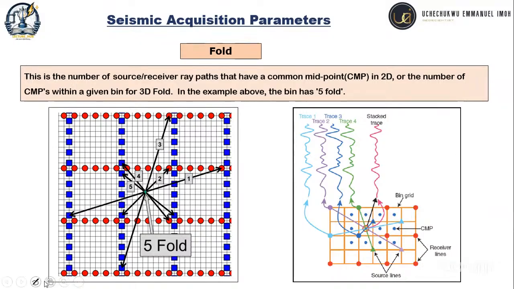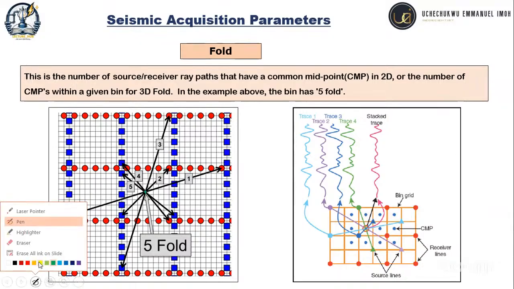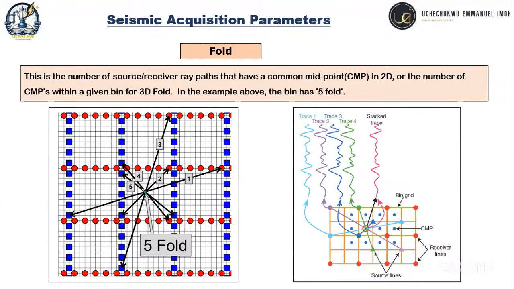Let me get a yellow marker. So we have this bin, and in the center of the bin, we have several midpoints, and there are about 5 of them. So between this receiver here on the far left and the shot on the far right, this bin becomes a midpoint for both of them.